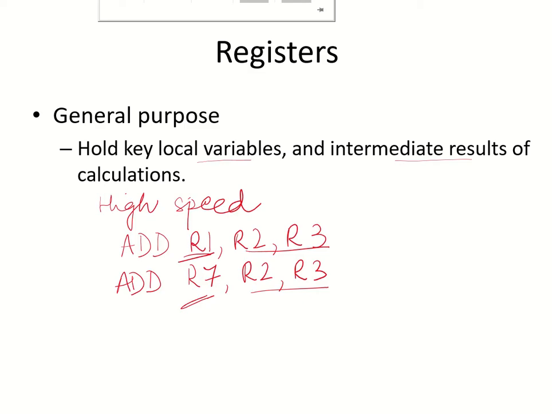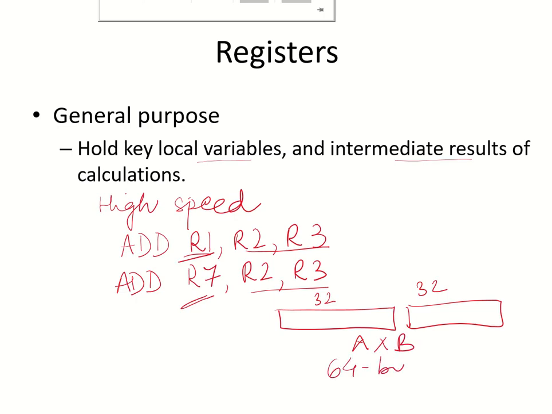Though they are general purpose, some of them have specific tasks also, like they might be used for some specific purpose. Like suppose if I'm multiplying two 32-bit numbers, the result that I would be getting would be a 64-bit result.